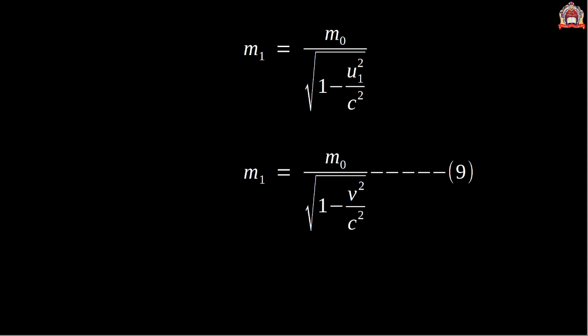I hope you understand the steps. It is simply mathematical steps. So m is equal to m0 divided by the square root of 1 minus v square by c square is the relativity of mass. I hope you understand all the steps.